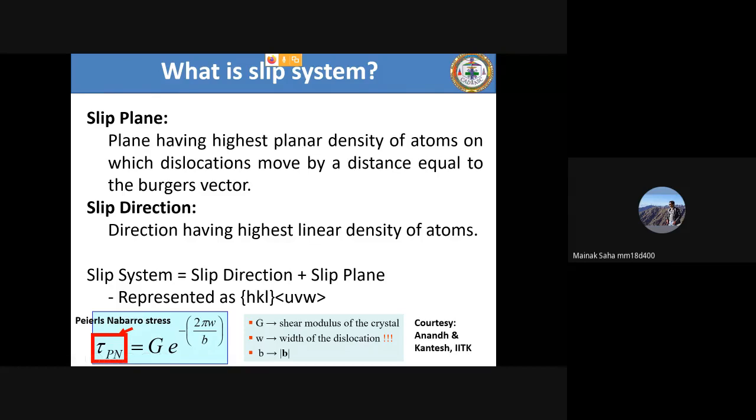So B, the interplanar spacing, is going to be maximum. If B is very high for the slip plane, the denominator gets high and this total term reduces.